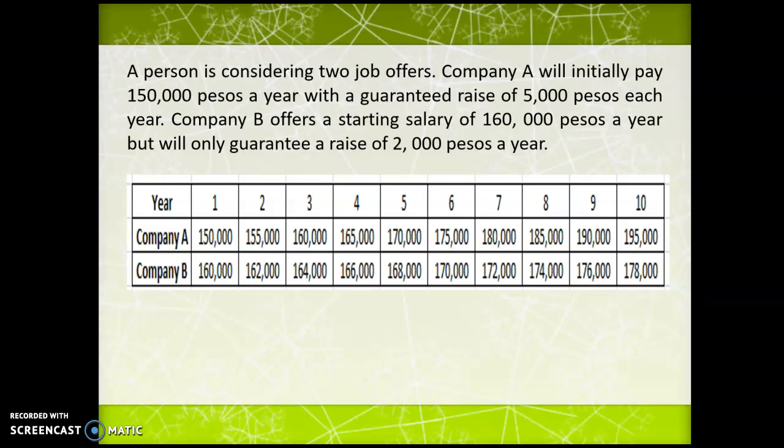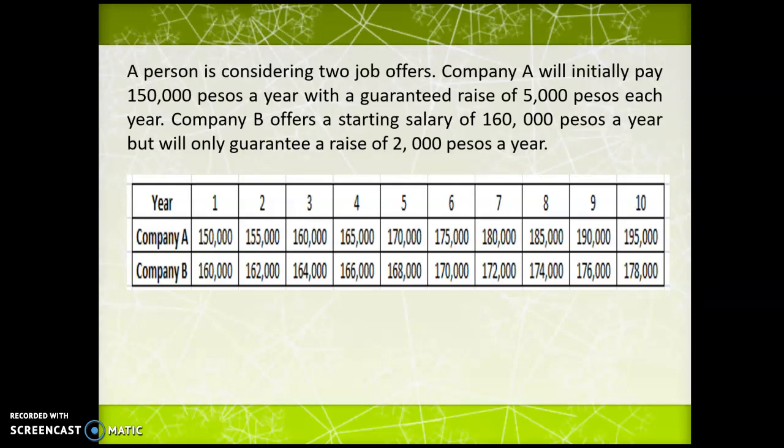While company B, you started with 160. Second year, you will have a raise of 2,000 pesos, so that's 162, and another year 164 and 166, and so on and so forth.